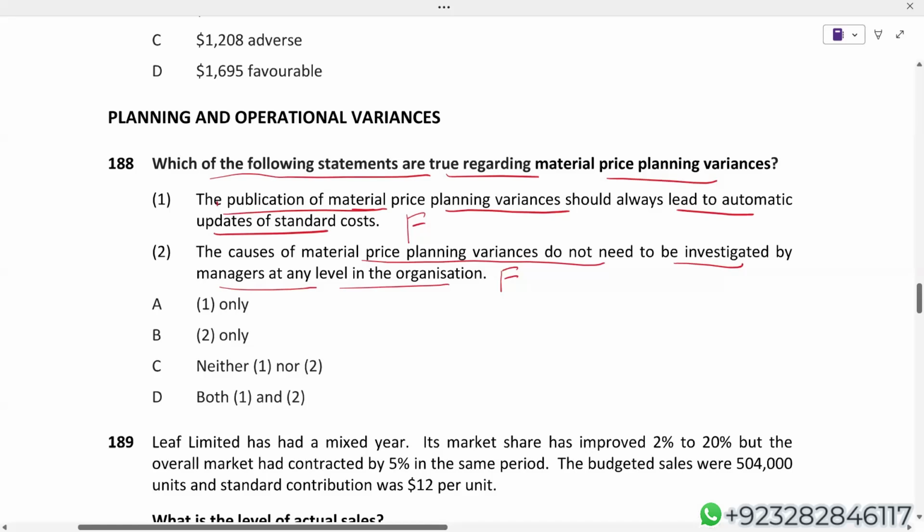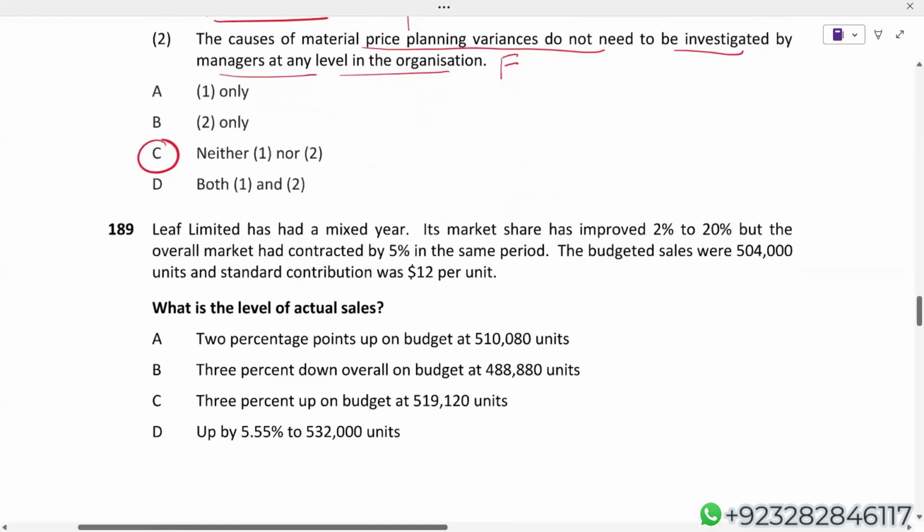Why do we need to revise our original standards? We do investigate the planning variances so that we can learn why they are arising. So both the statements are false. So it is simply perfect. Neither one, nor two.